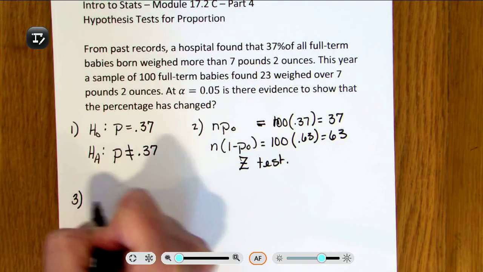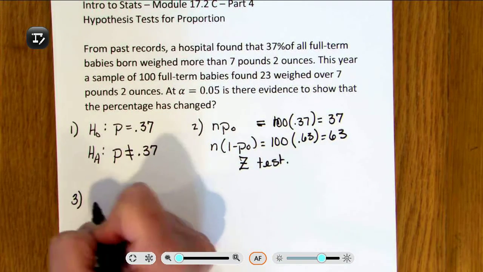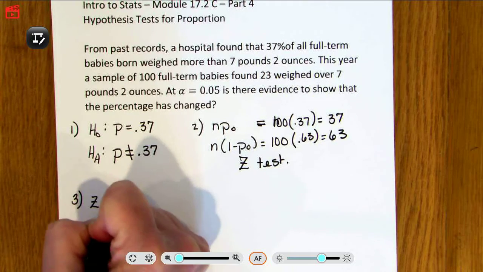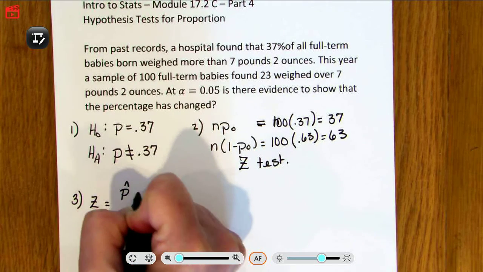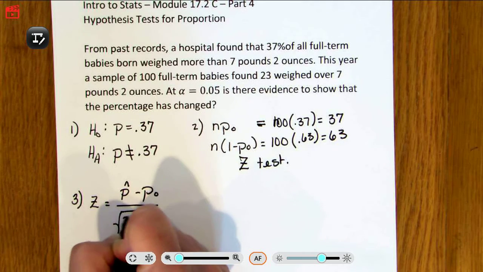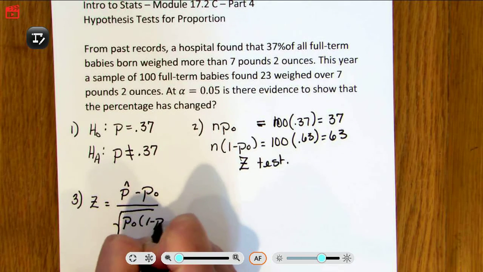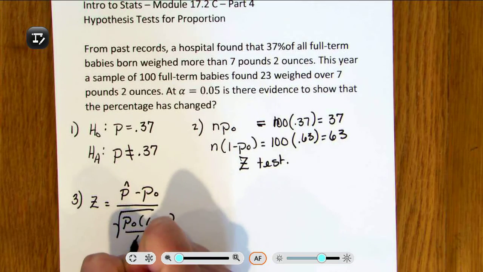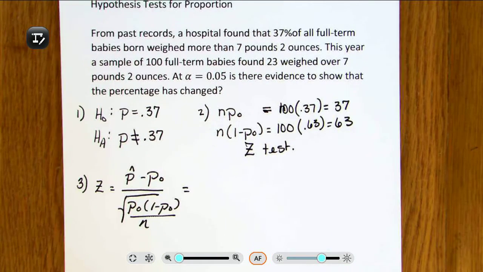Step 3 is to find our test statistic. The formula for our test statistic is as follows, and we've seen this a couple of times now. So there are our pieces.